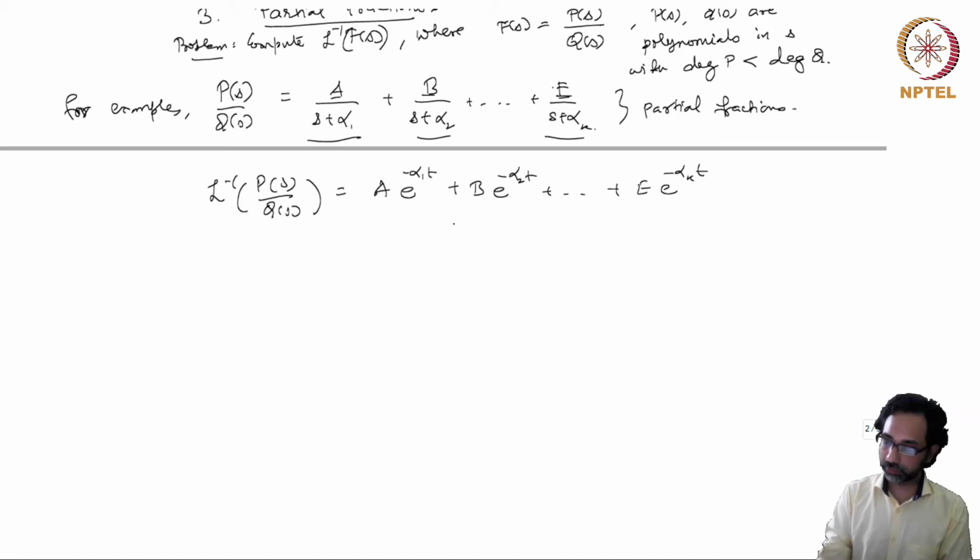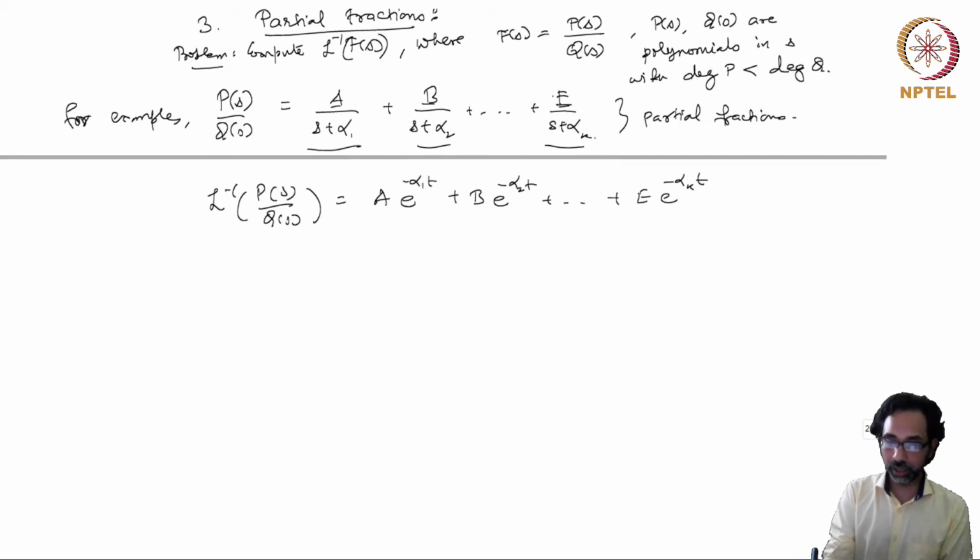So the method of partial fractions is simply to find these constants A, B, etc., and then simply apply this linearity formula to get the inverse Laplace transform. So this is one of the most important methods.